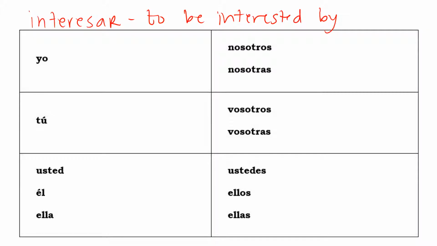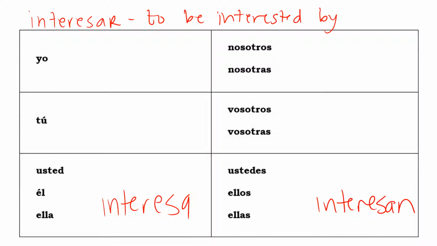One more example is interesar, to be interested by. So we have our two forms again. Interesa and interesan. So if one thing interests me, interesa. If more than one thing interests me, interesan.